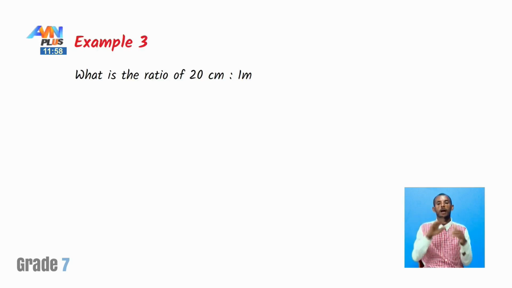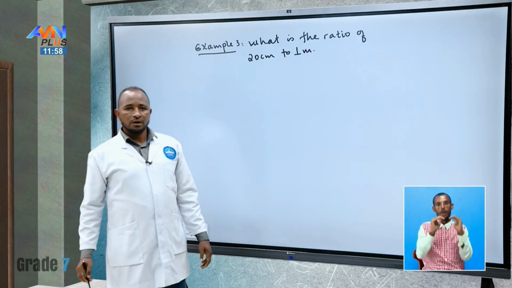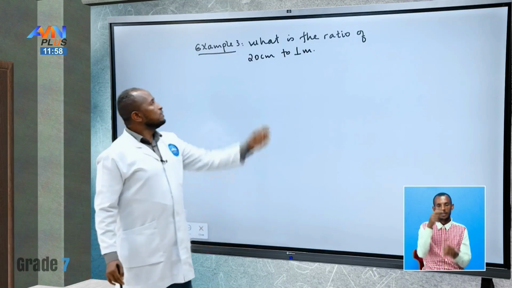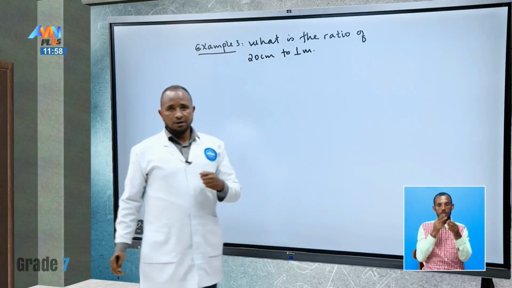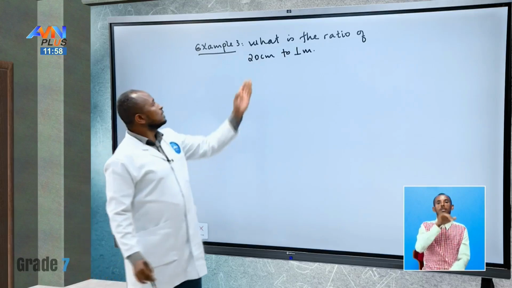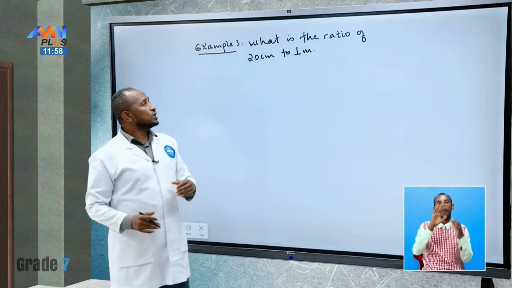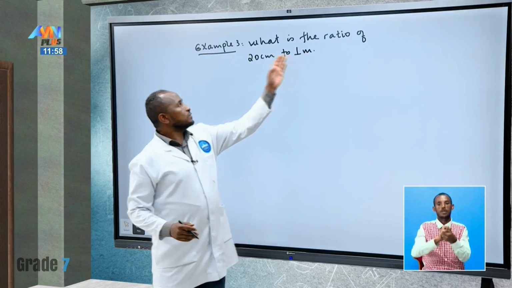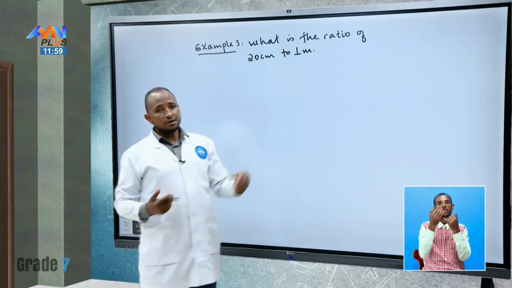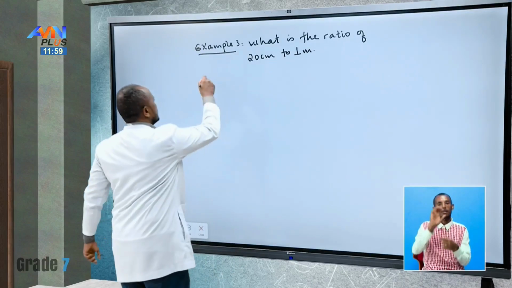How do we write the ratio of these two quantities? As I said earlier, before a ratio is stated, the unit must be the same. Here, you have 20 centimeter and 1 meter. So you have to change either meter to centimeter or centimeter to meter. For simplicity, let's change meter to centimeter. So let's proceed.